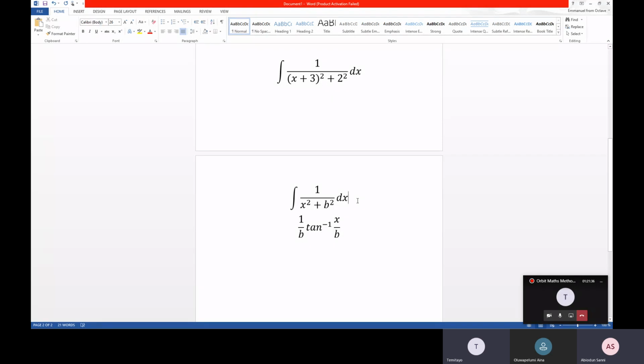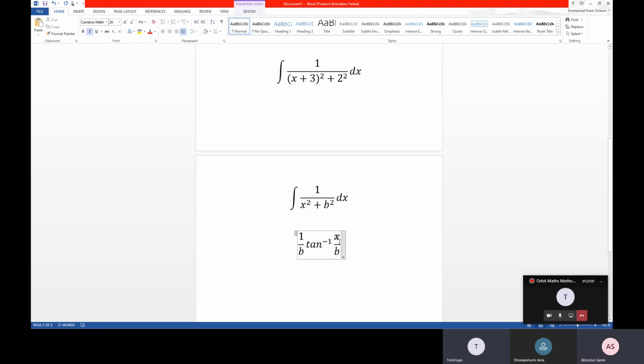So the integral of any expression in this format is given as this. Now, if you compare this guy with this guy, you see that they are almost the same thing. The difference is that this one is x, this one is x plus 3.